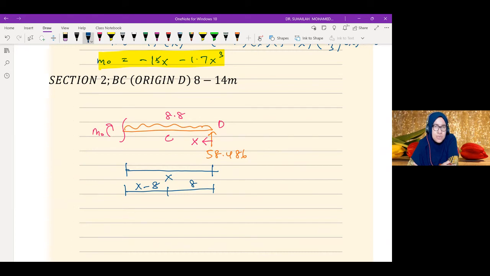If we choose C as origin, which one will be easier? Because we remove CY.